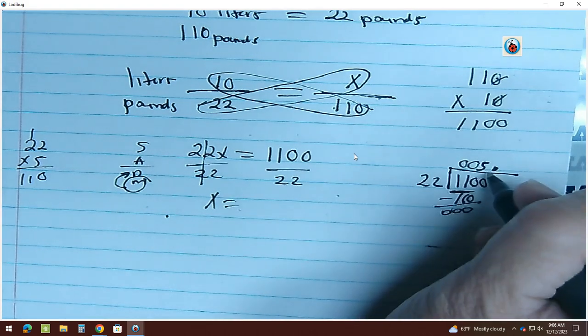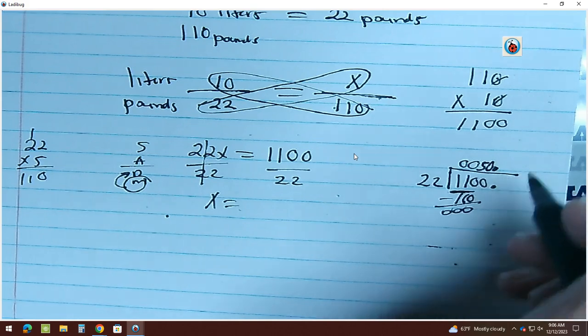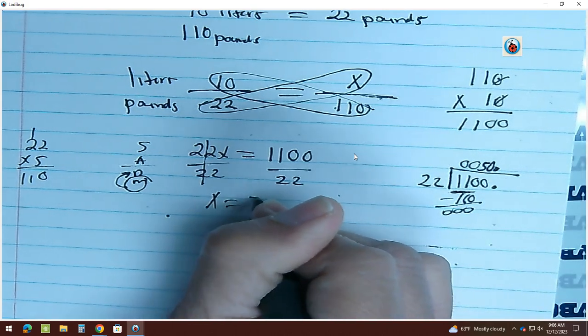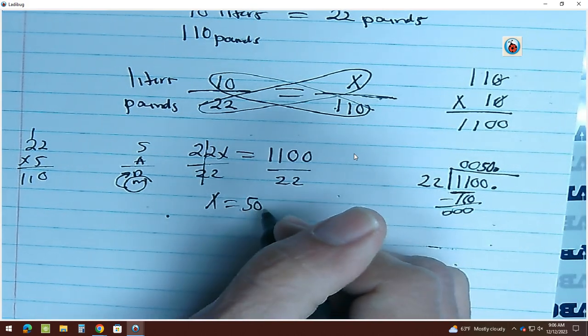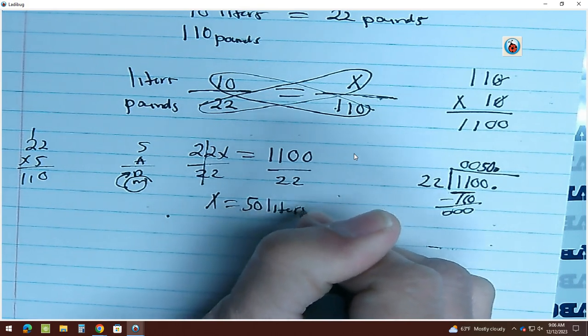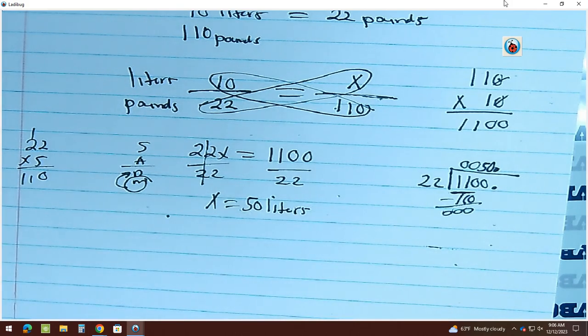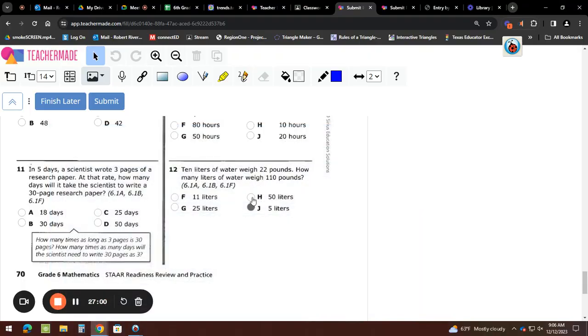So there's still a space there. There's nothing left, so what should I put here? 0. So really the answer is x equals 50. 50 liters will be 110 pounds. 50 liters is the same thing as 110 pounds of water. So now I can choose 50, not 5.